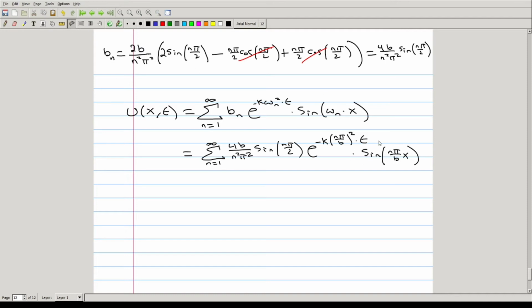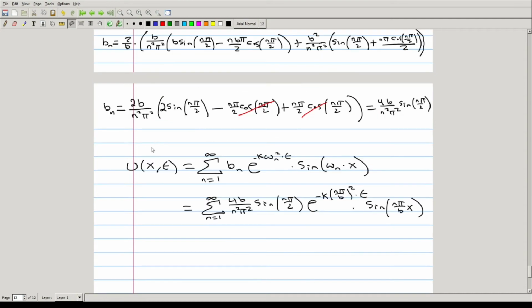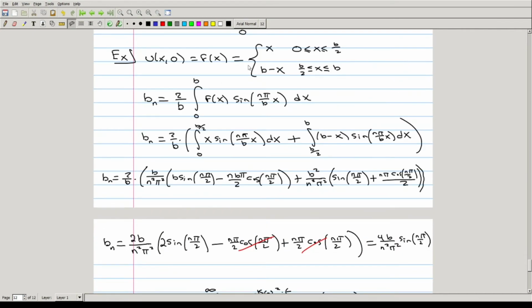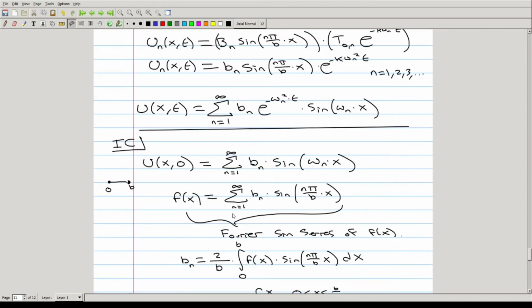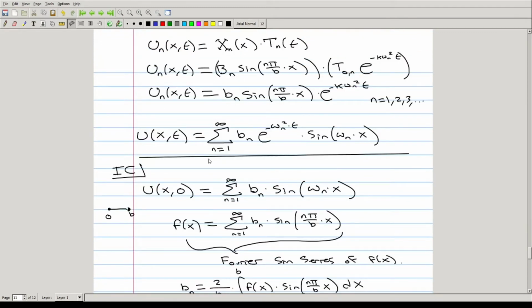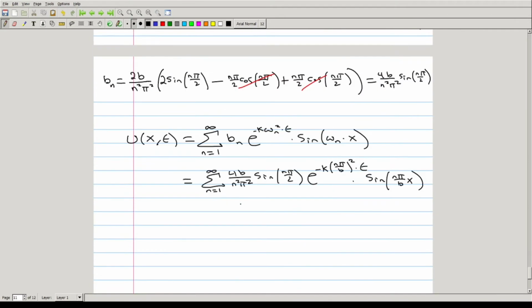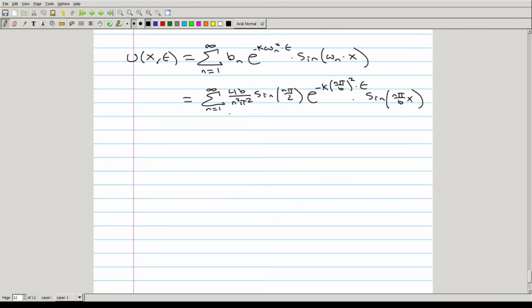This infinite sum is the general solution to the heat equation that satisfies this initial condition and the boundary conditions talked about before. And let me fix this right here as well, because there should be k. So if you want to plot this for various values of time, I recommend using Desmos or Python.